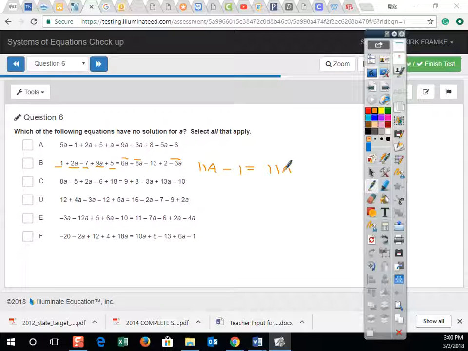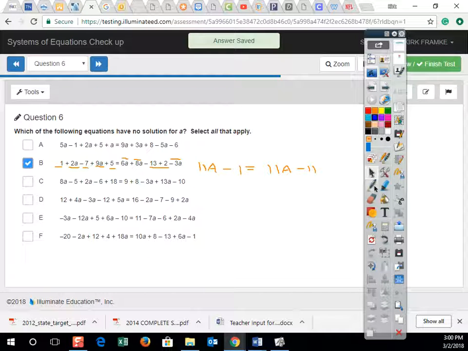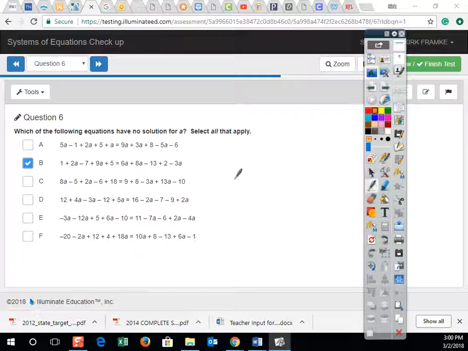Oh, so they have the same slope, and so we have -13 plus 2. -13 plus 2 is -11. We have the same slope, different y-intercepts, so that works. That has no solution.